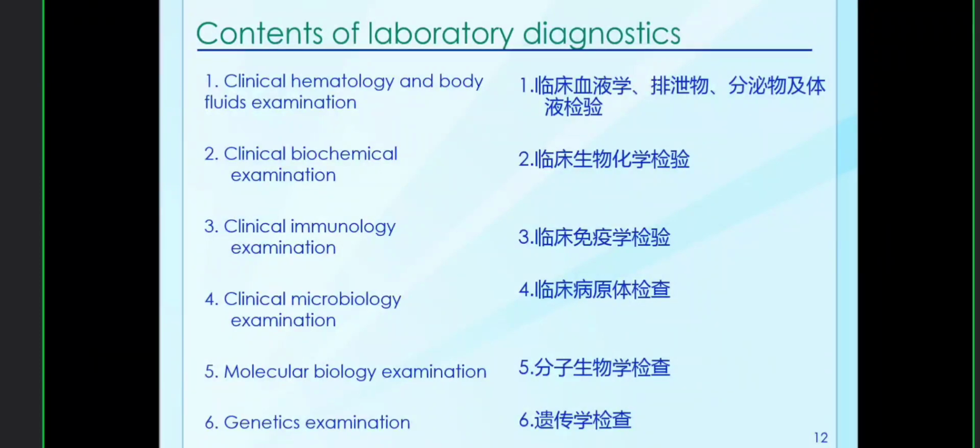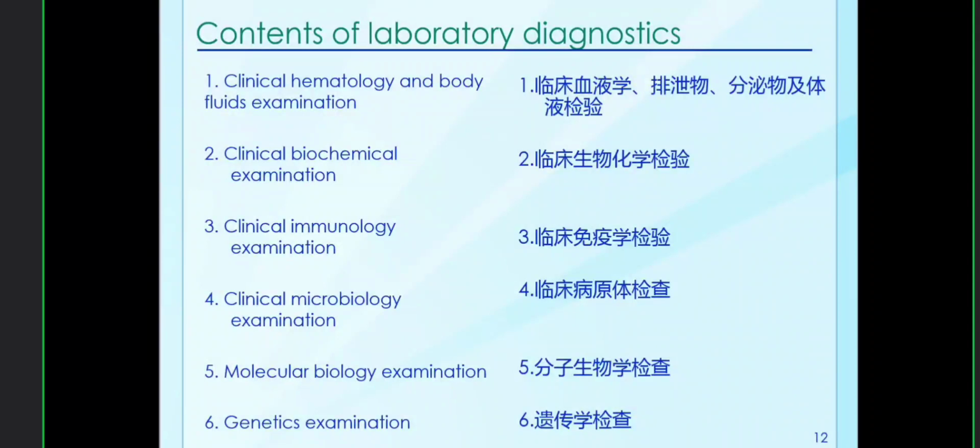Third is the clinical immunology examination. Chinese means 临床免疫学检验. We can use the immunology assay to determine some infectious disease and some autoimmune disease. Fourth is clinical microbiology examination. Means 临床微生物学检查. We can test the bacteria, fungus, and other pathogens. Fifth is molecular biology examination. In Chinese means 分子生物学检查.